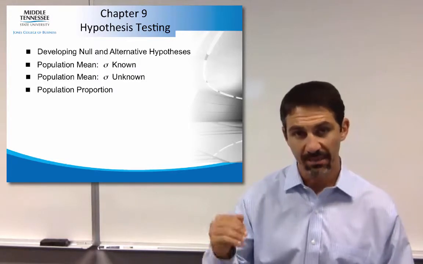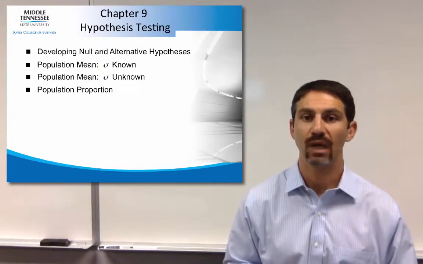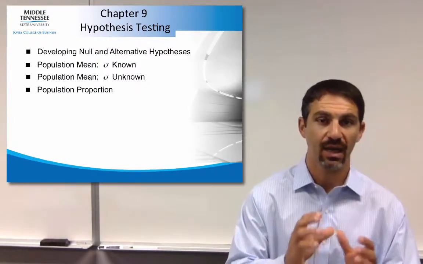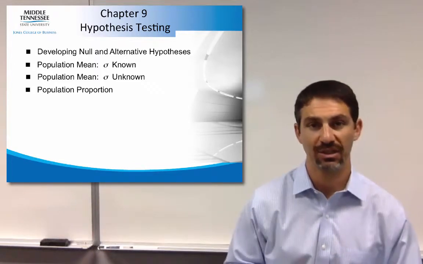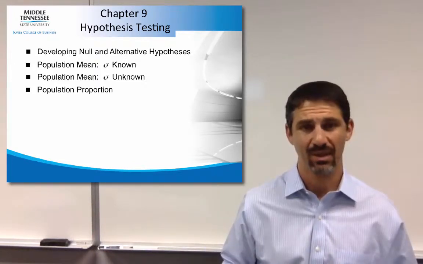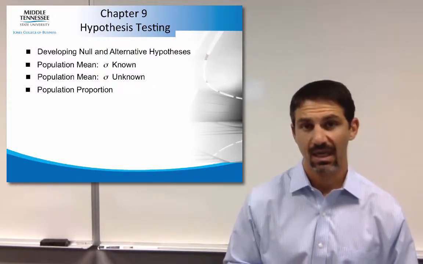So still the same three types, and pretty much the same thing we did before. Now we're just comparing it to a population mean or a target or a benchmark, whatever it is. To start with, we'll talk about null and alternate hypotheses.